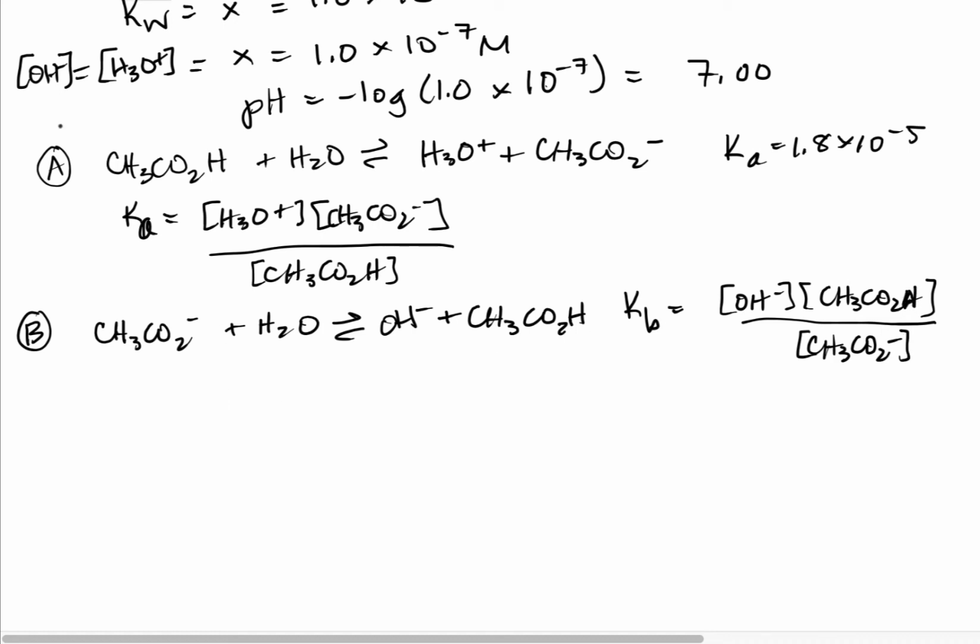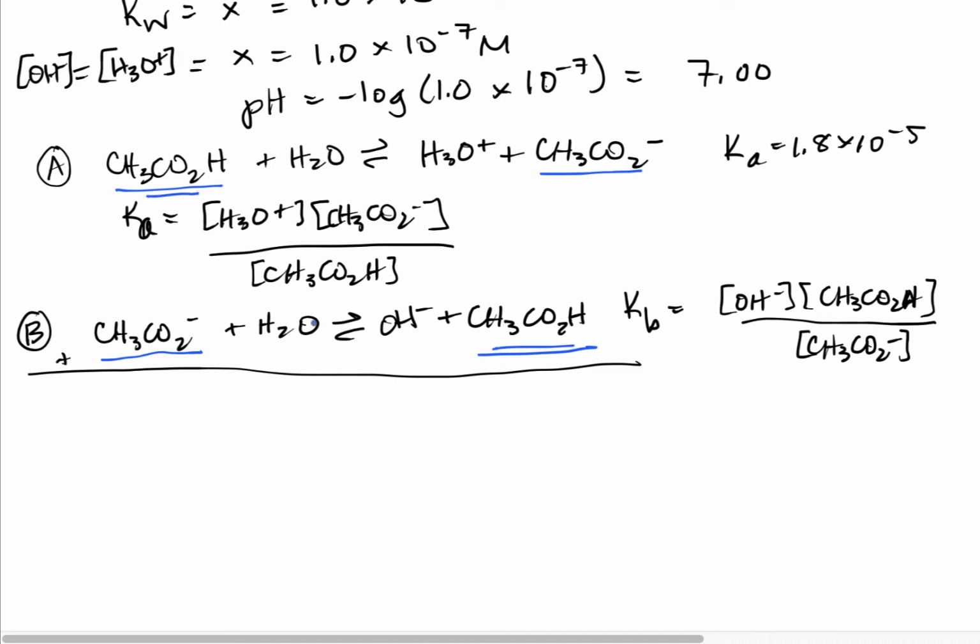So if we look at these two reactions together, we could add these two reactions together, and if we did, we can notice that this acetate would cancel out with this acetate, and this acetic acid would cancel out with this acetic acid, leaving us with the water reaction dissociating to make hydronium ion and hydroxide ion.